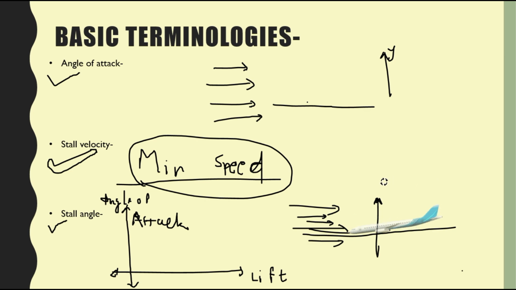When I'm varying the angle, you can see that the drag force is increasing. And after a certain point, the lift is not going to increase, rather it starts tipping down.